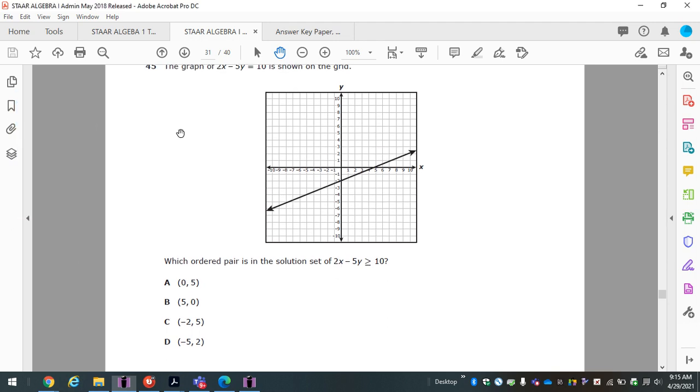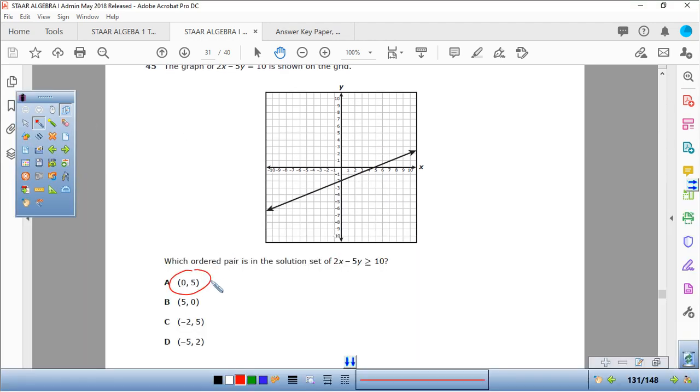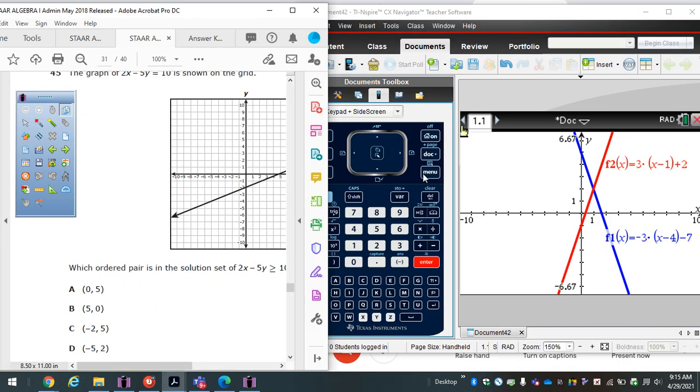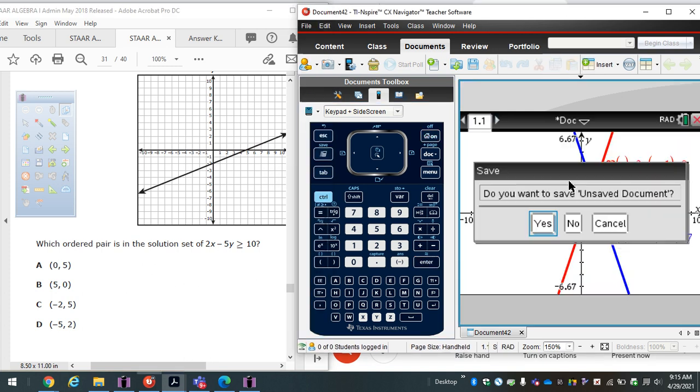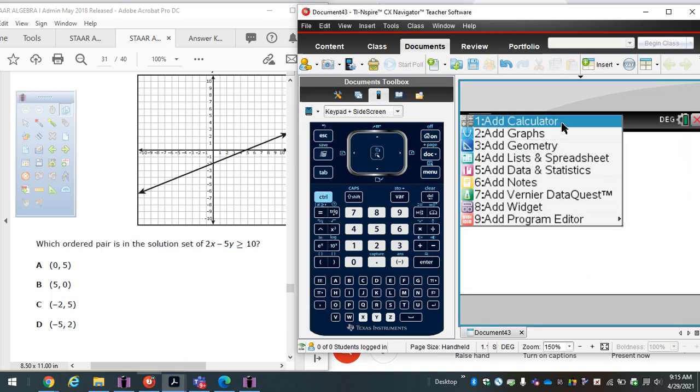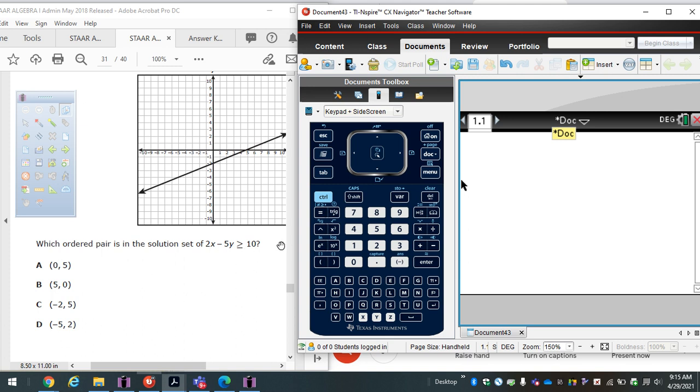Or another way of doing it is just get these coordinates, plug it in there, and then see if it's true or false. Not trying to use a calculator. This is probably the easier way in case you don't like all that work and thinking. So you see it's 2 times 0. I'm going to use this point, plug it in there.